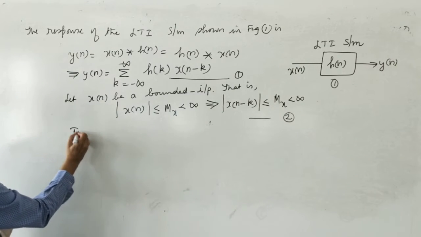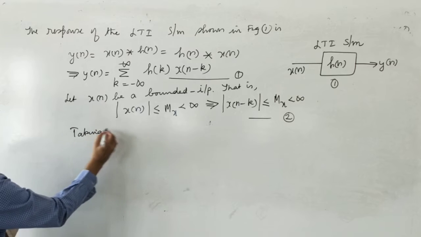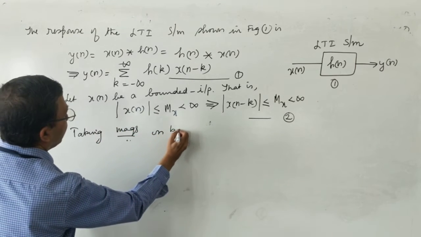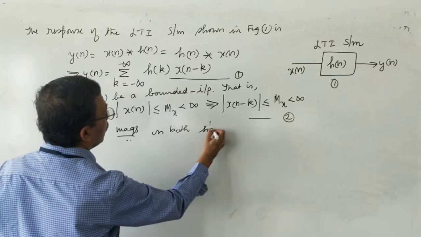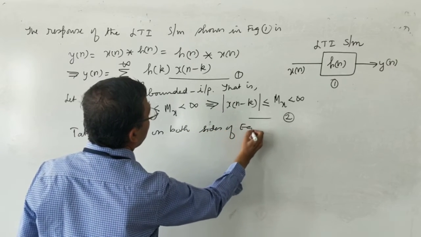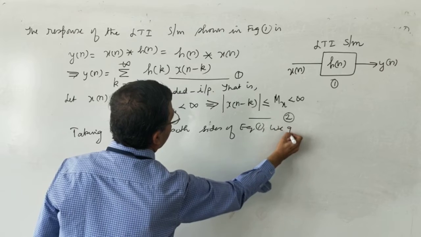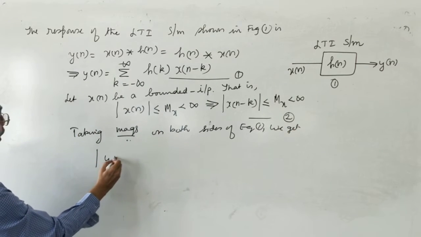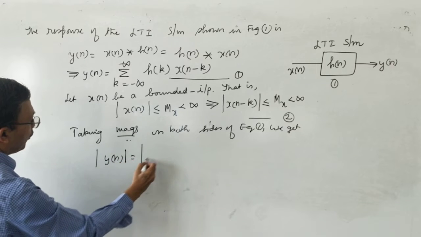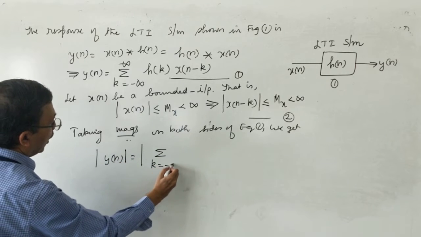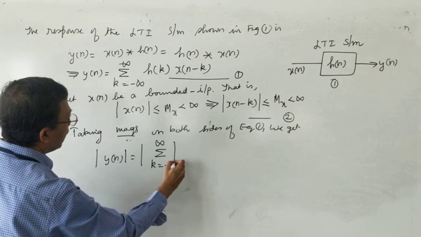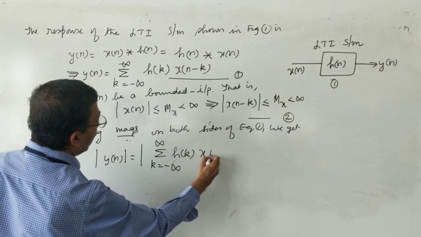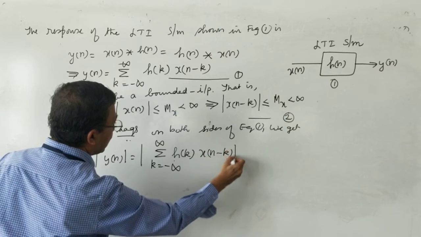Taking magnitudes on both sides of equation 1, we get modulus of y of n equals modulus of summation k equals minus infinity to plus infinity on h of k into x of n minus k.